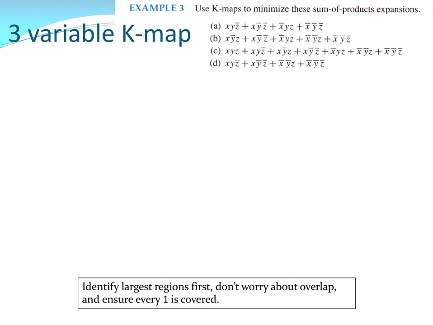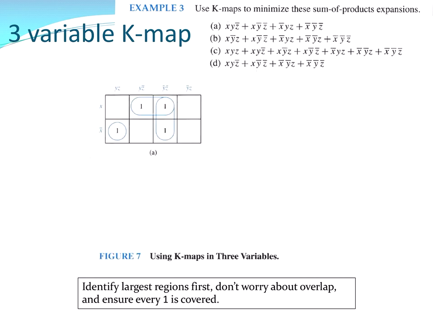All right, let's look at some examples. Here we have 4 Boolean expressions in 3 variables. Number A is represented by this K-map. It's got 3 groupings to cover all the 1s. In this first grouping, x doesn't change and z bar doesn't change, so I could write down x and z bar.